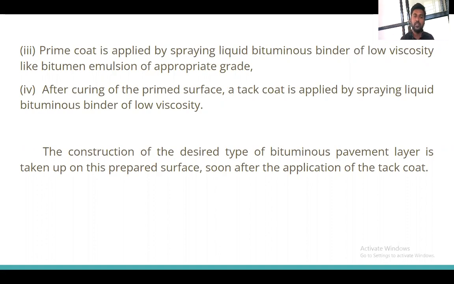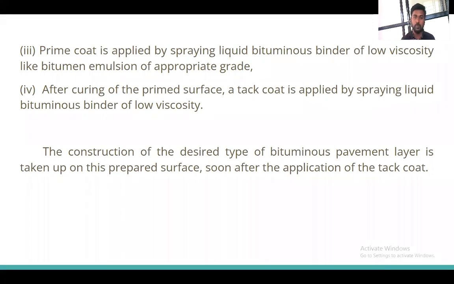Okay. After applying the prime coat, after the curing of the primed surface, the tack coat is applied by spraying a liquid bituminous binder of low viscosity. Prime coat, then the material, then what we have to do is go for the tack coat. Okay, then the surface layer. Okay, so in this way the layers should be formed.